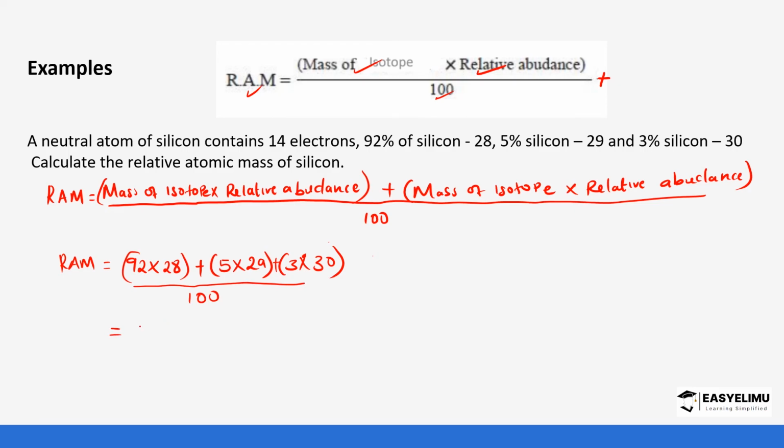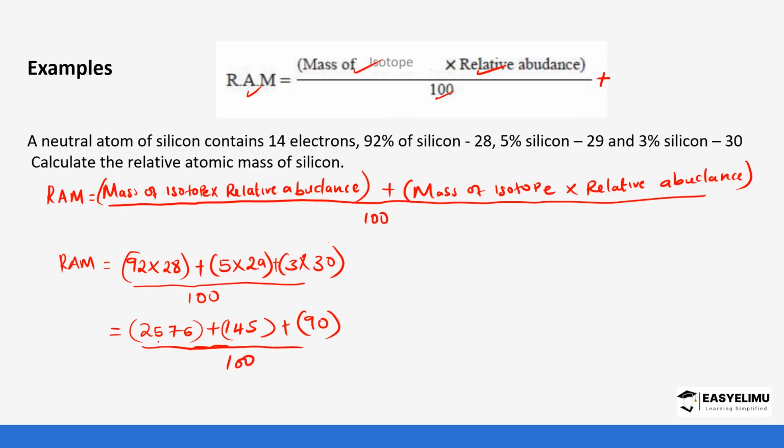So this first value gives us 2576. And then this second value gives us 145. And then this value gives us 90. So we're going to add everything and divide by 100.